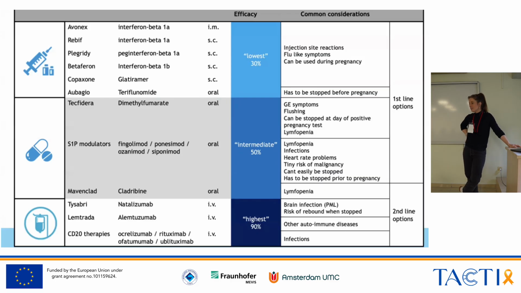The honest answer is because we are not allowed to. The regulations are that you need to start with the first line option, and if you then have breakthrough disease, then you are able to start with the second line option. That is the only way it's reimbursed. But there is one way of getting out, and that is if you say a person has aggressive MS. Well, then you can debate what aggressive MS is, right?